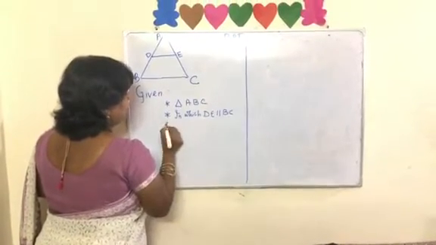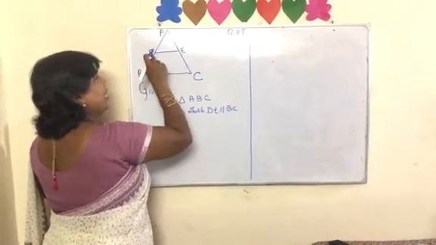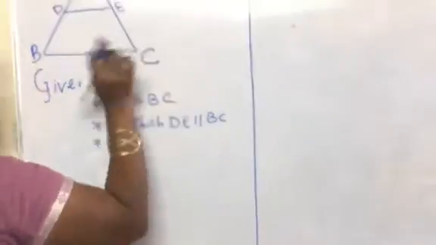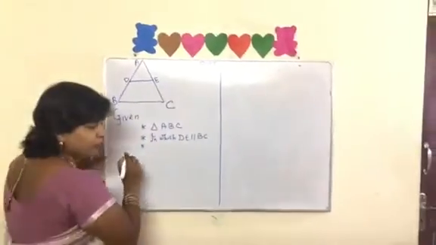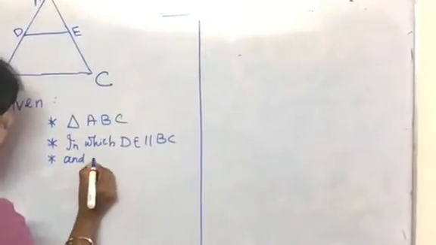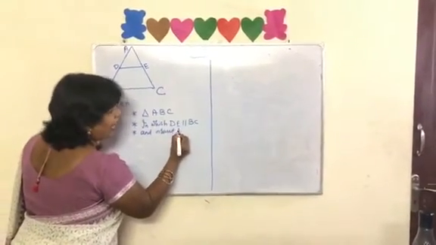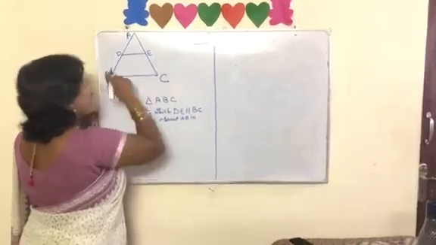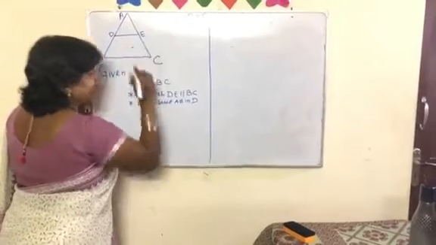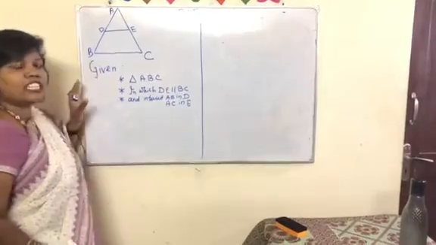The third point: DE intersects AB at D and AC at E. That's all. This is the given part.